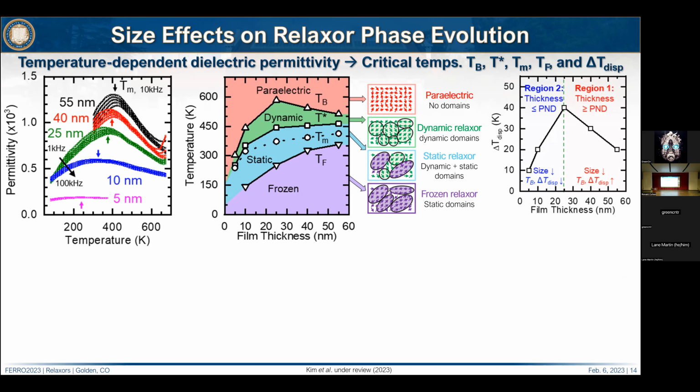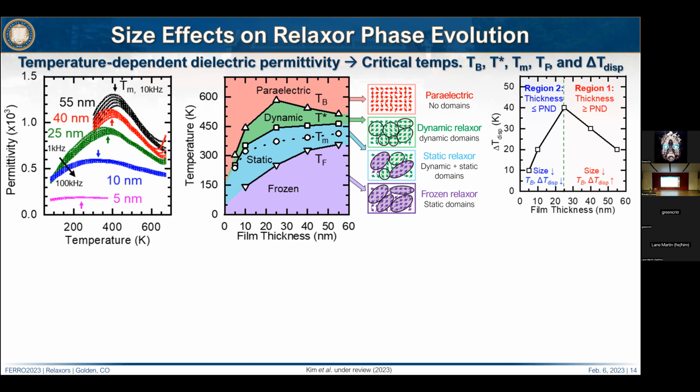This is also seen if you look at the delta T dispersion, so the change in the temperature related with the frequency dependence inside of these systems for T max. And what we see is that also is maximized here at this 25 nanometer thickness regime. This is a really coarse stand-in for how good a relaxor this thing is.